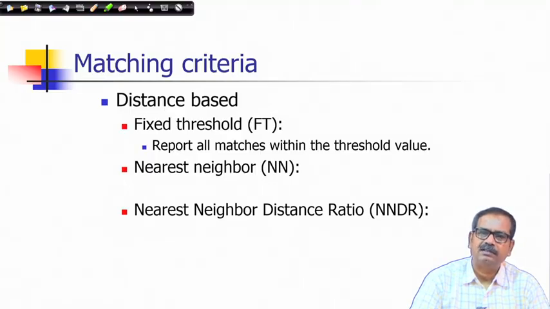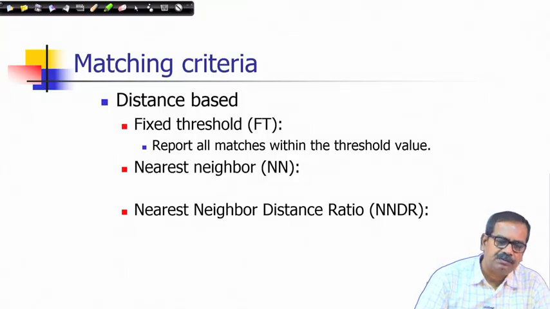It considers which feature vector is nearest to it. It does not consider whether the distance between them is greater than a certain threshold value. You can combine them, of course, but by definition nearest neighbor is the feature vector corresponding to the smallest distance.